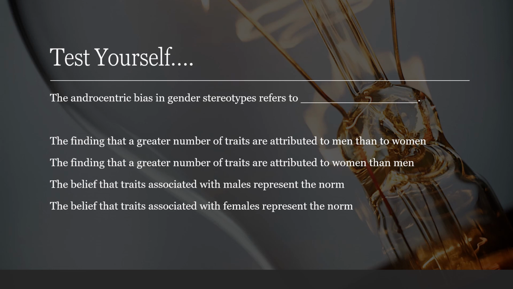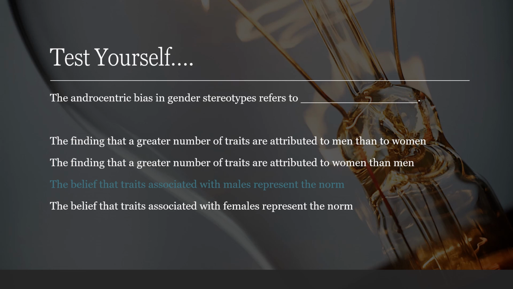If you're not sure what the answer is, if you don't remember what androcentric bias is, go back and take a look at your textbook, or you can just rewind this video a little bit and you'll be able to find the answer. If you selected the belief that traits associated with males represent the norm, you're right.